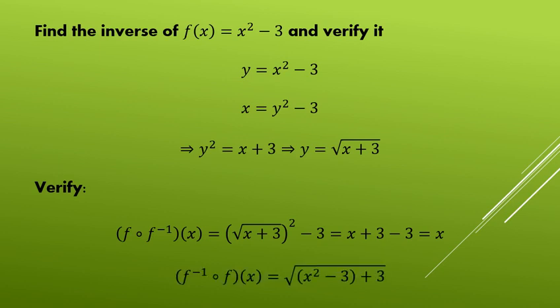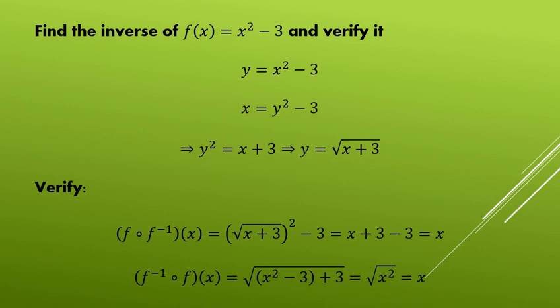Let's verify the other way. Now I'm doing f inverse composed with f. I'm taking this whole thing here and substituting that in for the x inside of that square root of x plus 3. So that puts me right here. I have the minus 3 plus 3. That cancels out. And then I have the square root of x squared.